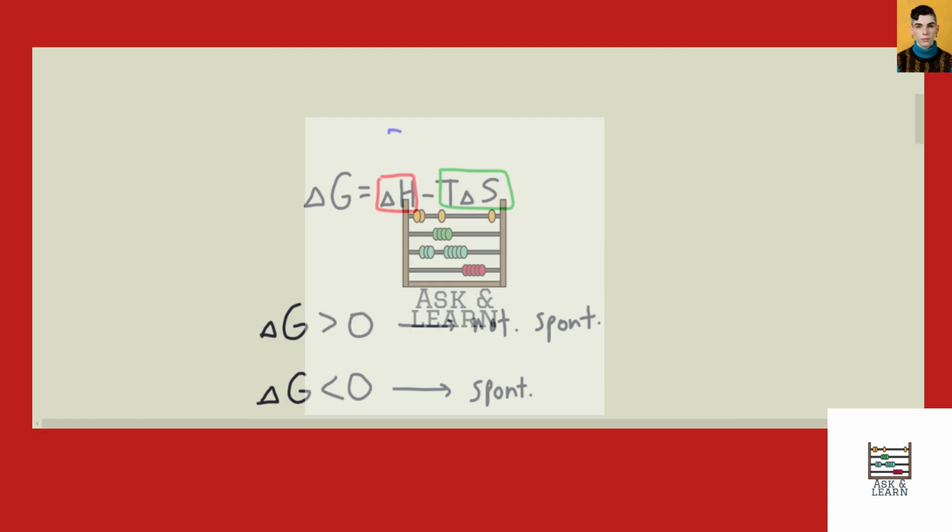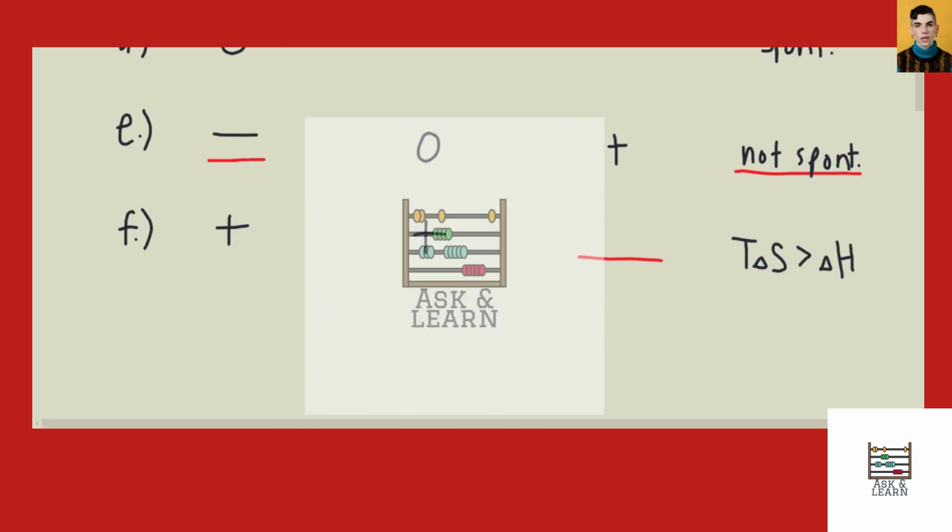Say that delta H is 5, minus this term T delta S, which is greater. Say that it's 10. 10 is greater than 5. That comes out to negative 5. Because T delta S is a greater term and we are subtracting that greater term from a smaller term, that means that delta G has to be negative. And that is the answer for part F.